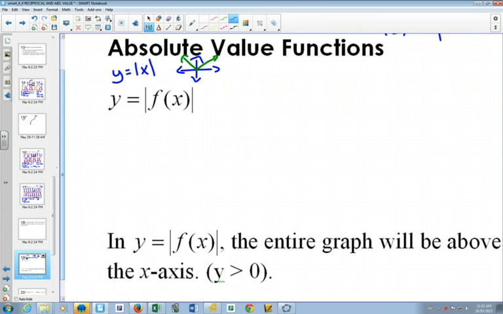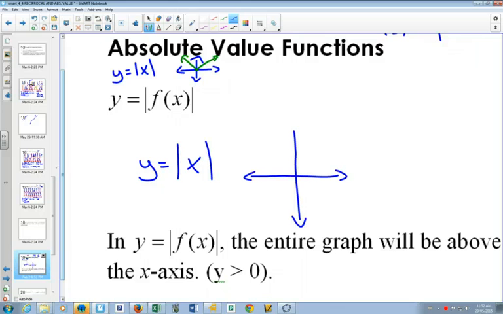And what's basically happening with our graph of y equals x is if we graphed y equals x, that's just a straight line with a slope of 1 and a y-intercept of 0.